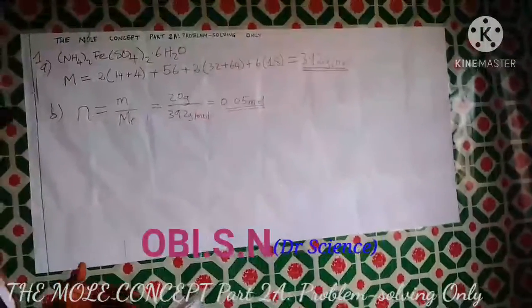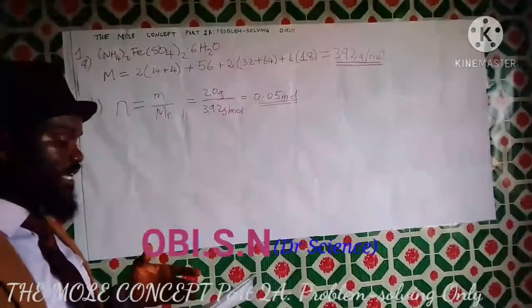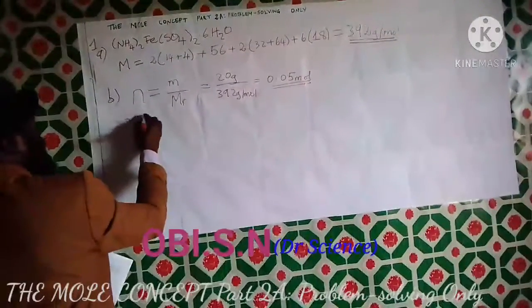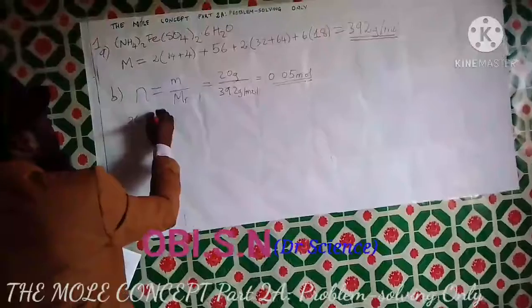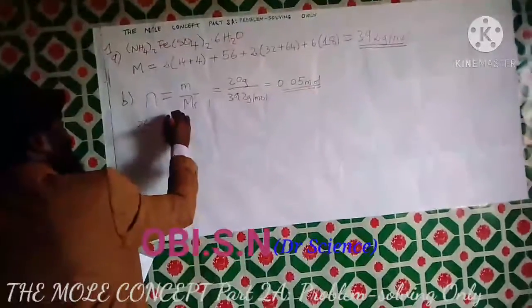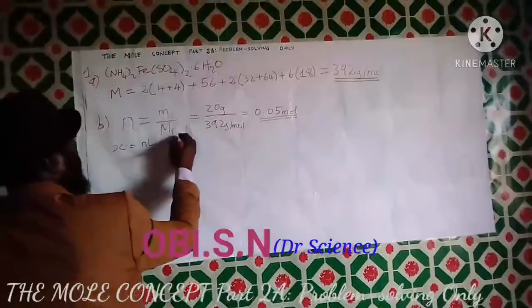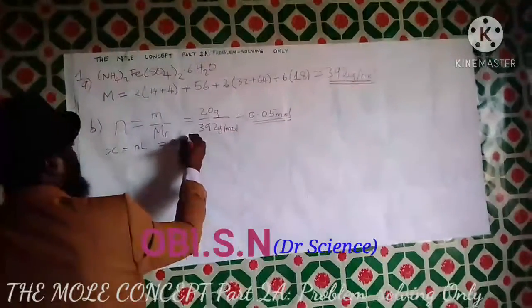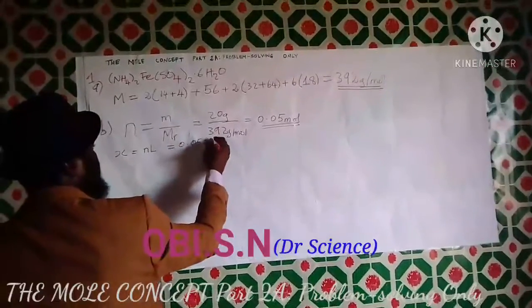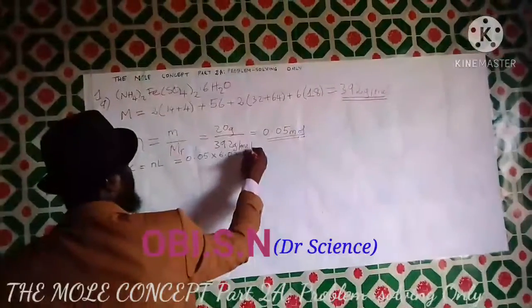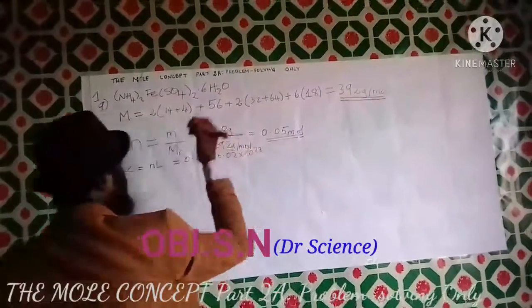The second part of the question says we should calculate the number of molecules of this salt. The number of molecules is given by X equal to small n, the number of moles, times the Avogadro's constant. So this is equal to 0.05 times 6.02 times 10 to the power 23.